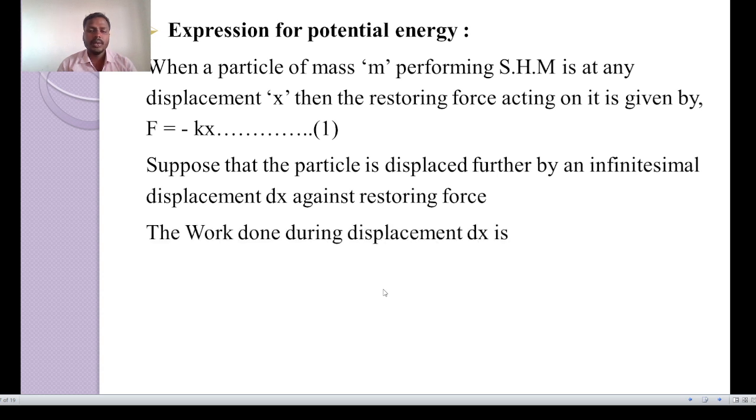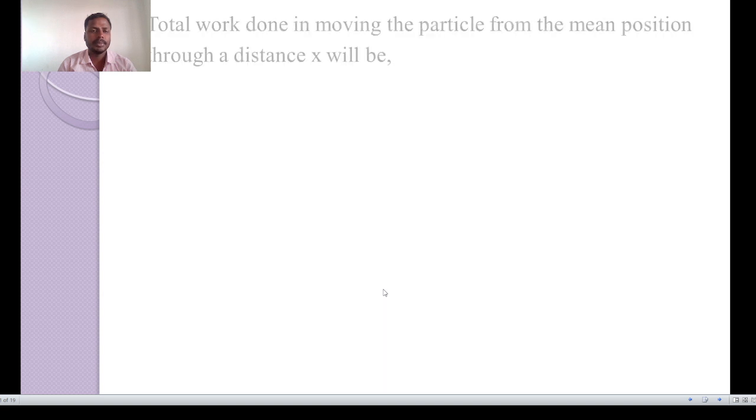The work done during the displacement dx is, as the displacement is very small, then work is also very small, dw is equal to minus f into dx. We know that f is equal to minus kx, therefore dw is equal to kx into dx.